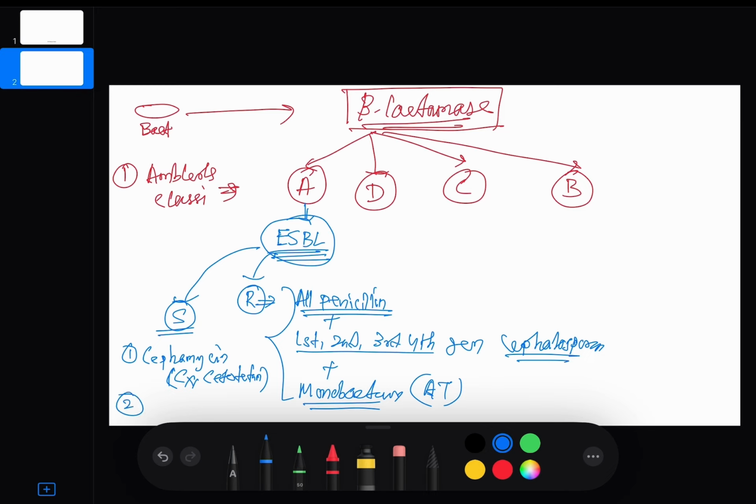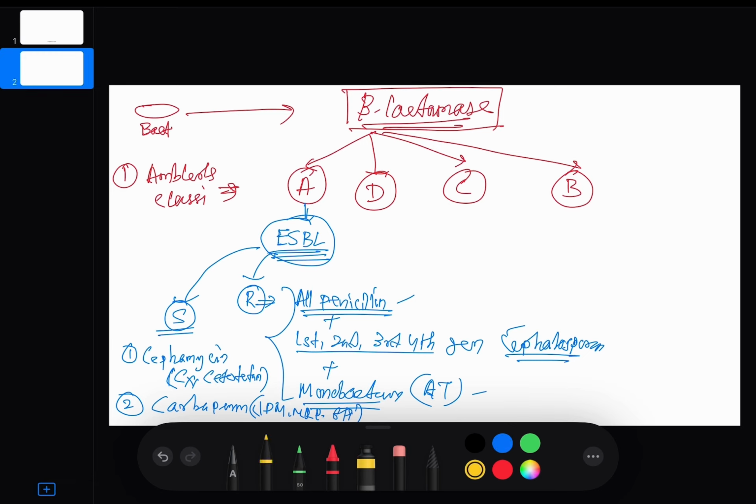Another group susceptible to ESBL is the carbapenem, that is IPM, MRP, ETP. They are susceptible, and the ESBL is resistant to ampicillin, cephalosporin and monobactam. They come under the ESBL.